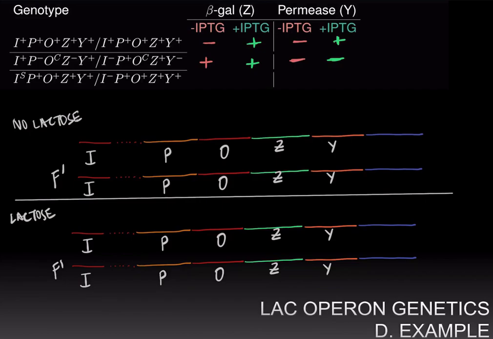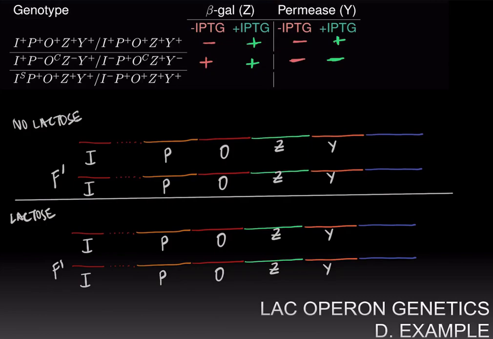Let's do it both ways, so one by reasoning and the second by working it out mechanistically. We have wild type alleles of everything else, so we only need to worry about how a het between a super repressor and I minus would behave.